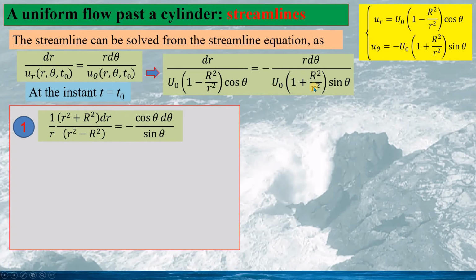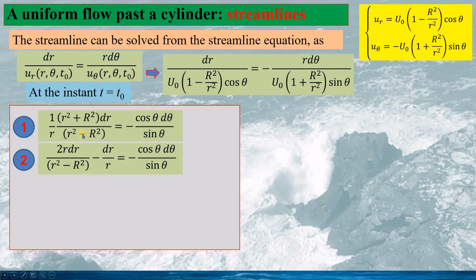We can make some mathematical manipulation to this equation. We have the equation as this. We move r to the left-hand side of the equation and theta on the right-hand side of the equation. So we can also separate this term.